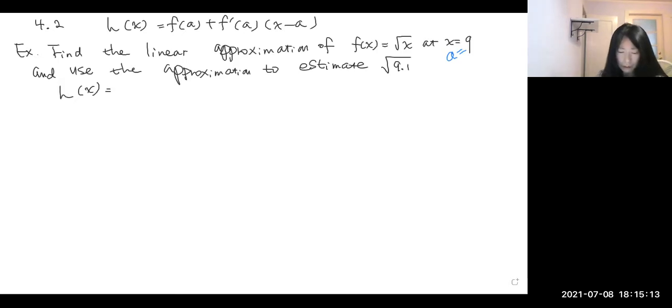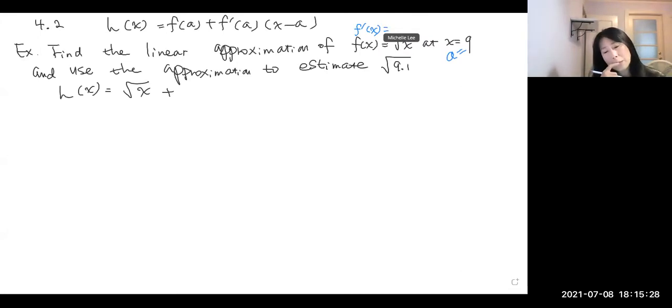So square root of x, and plus, what's the f prime of x?